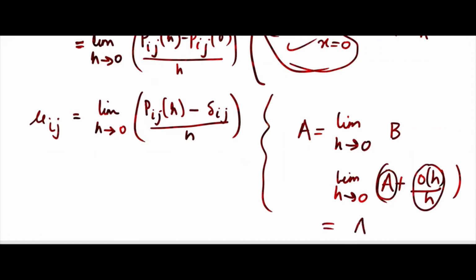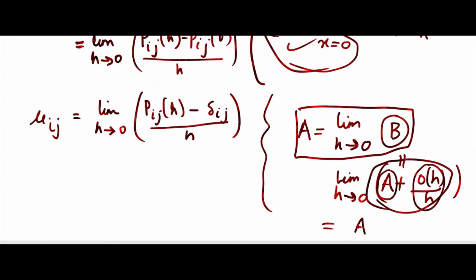So if you get A from limit h tends to 0 of B, then B should be equal to this, because when you substitute it and let h tend to 0, by definition order of h divided by h is 0, and you get A.